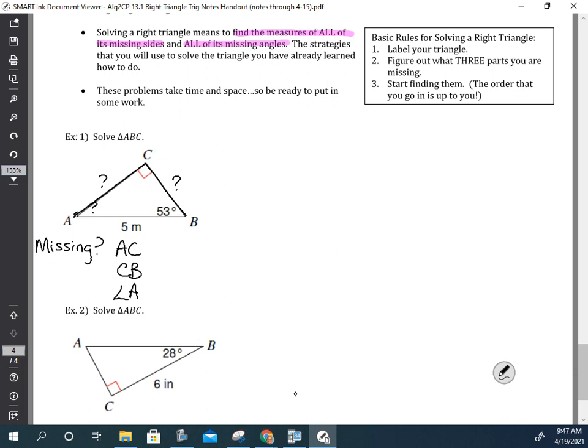Whenever we're missing something, we give them variables. So side AC, you're going to make X, BC, Y, and angle A, Z. So those are the 3 things we're missing.